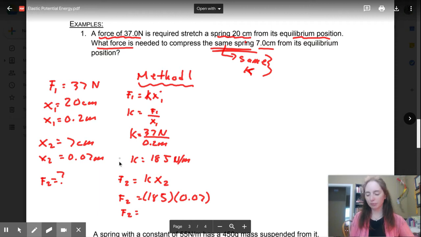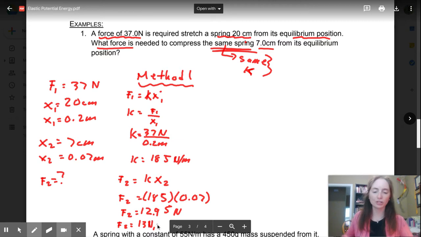And I'm going to wind up with a force of 12.95. I dropped my decimal. Okay, newtons. And then once you round with sig digs, you are going to wind up with 13 newtons.